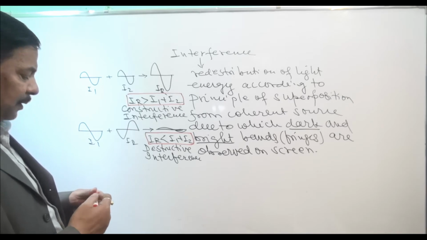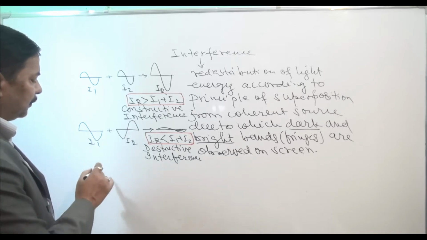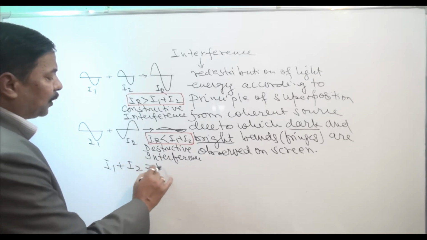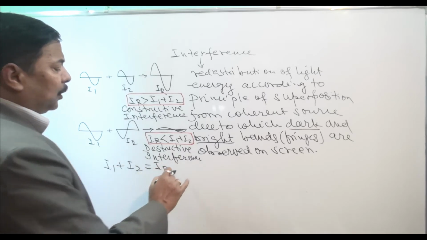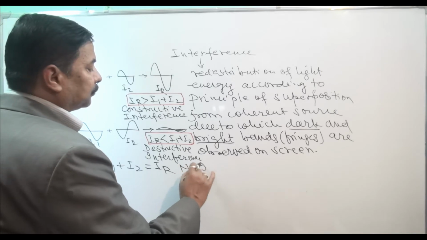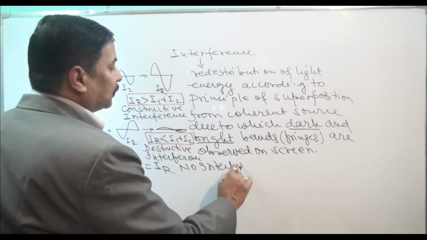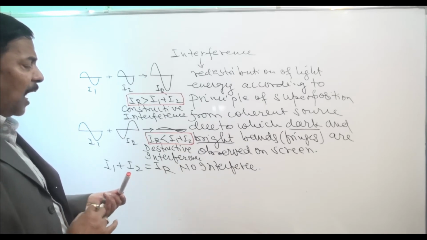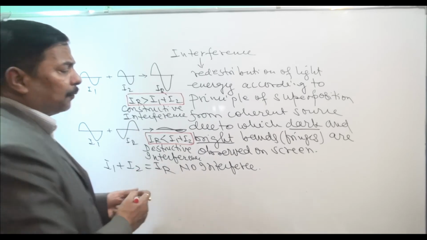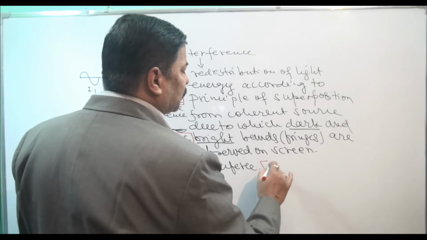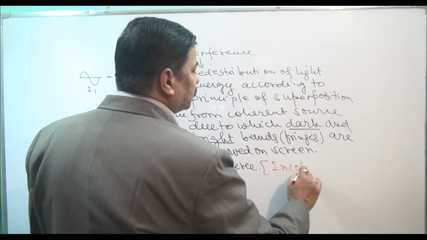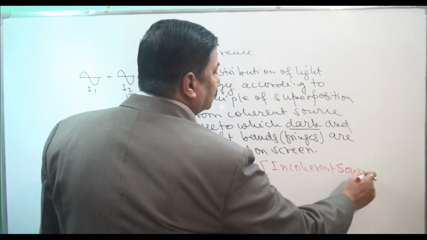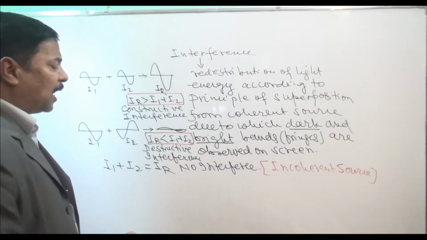If in case you are getting I1 plus I2 equals IR, then there is no interference. In this case, we can consider the light is coming from incoherent sources.